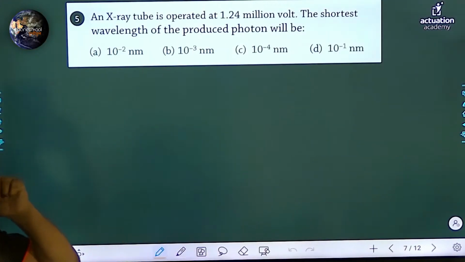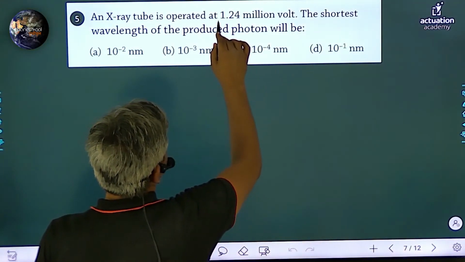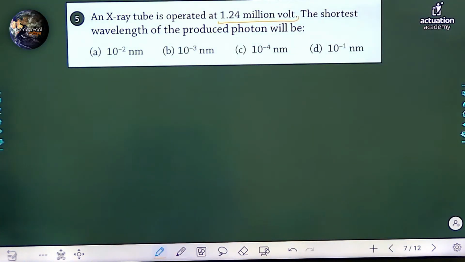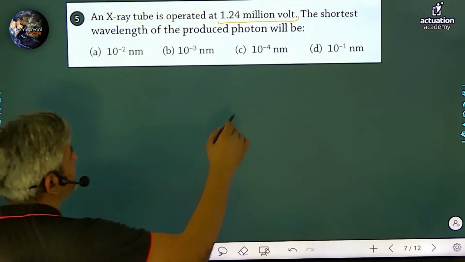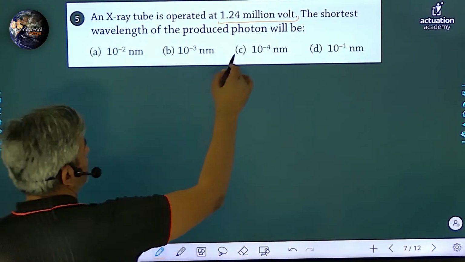Now let's move to question number 5. In this question, an X-ray tube is operated at 1.24 million volt. The shortest wavelength produced by the photon will be.